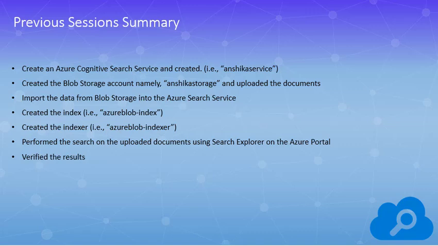During importing the data into the Azure Search, we have created the index as Azure Blob-index and the indexer as Azure Blob-indexer. Post that, we have performed the search on the uploaded documents using the Search Explorer on the Azure portal, and after that we have verified the search results.